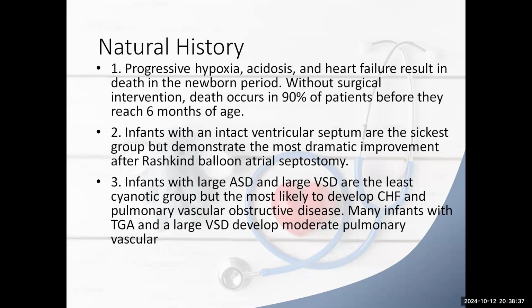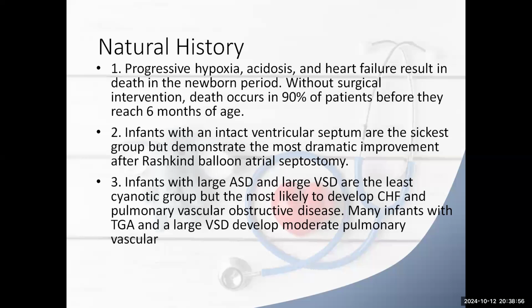So natural history of TGA: if the patient has TGA and the hypoxia is not resolved, and the TGA, especially TGA intact septum, has no intervention, 90% of these patients will die before 6 months of age.